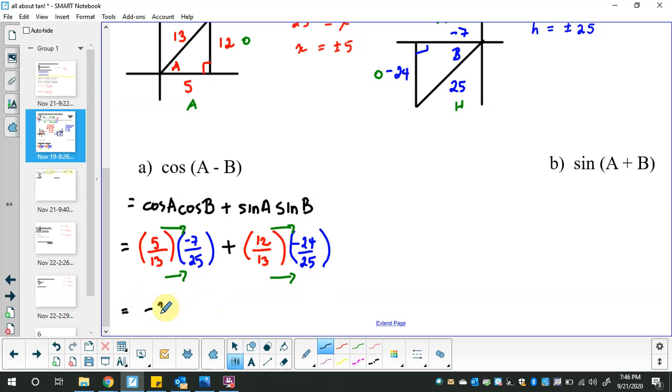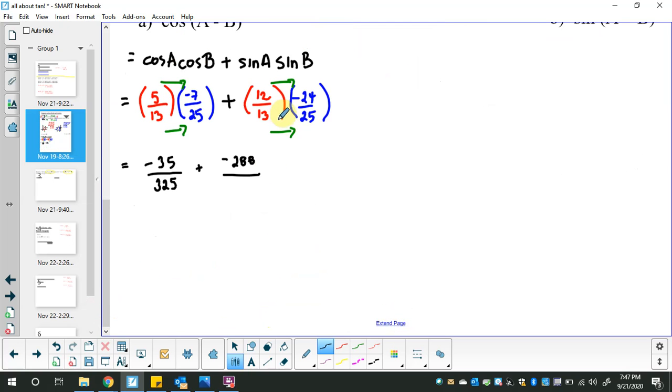So this is negative 35, 5 times negative 7, over 13 times 25 is 325, plus 12 times negative 24 is negative 288, over 13 times 25 again. Do not be surprised that it's a common denominator already.